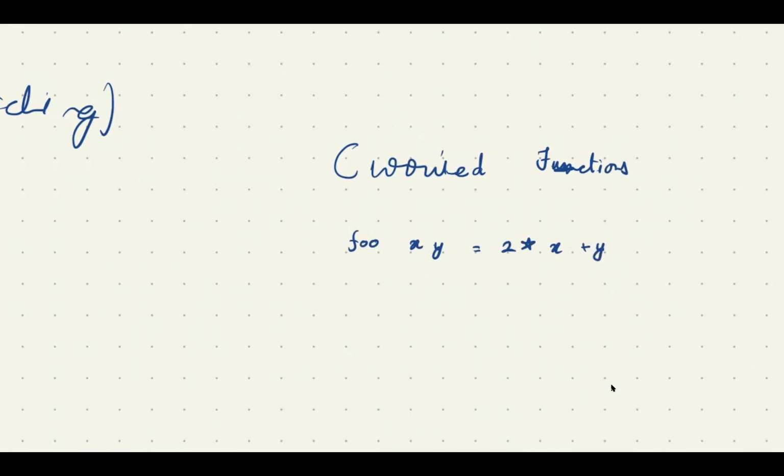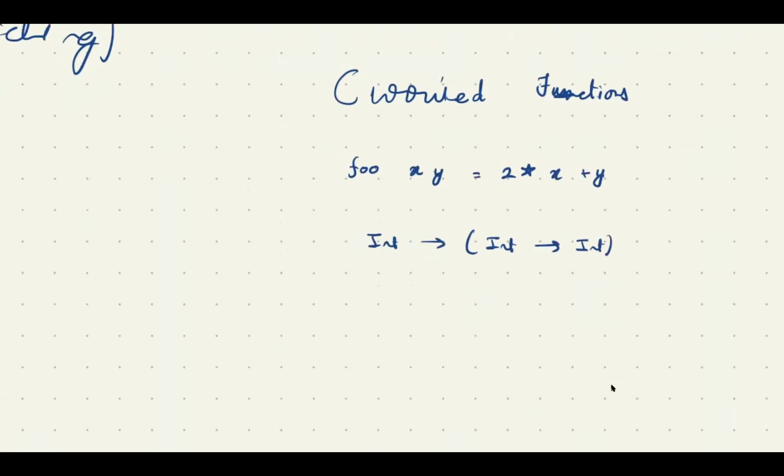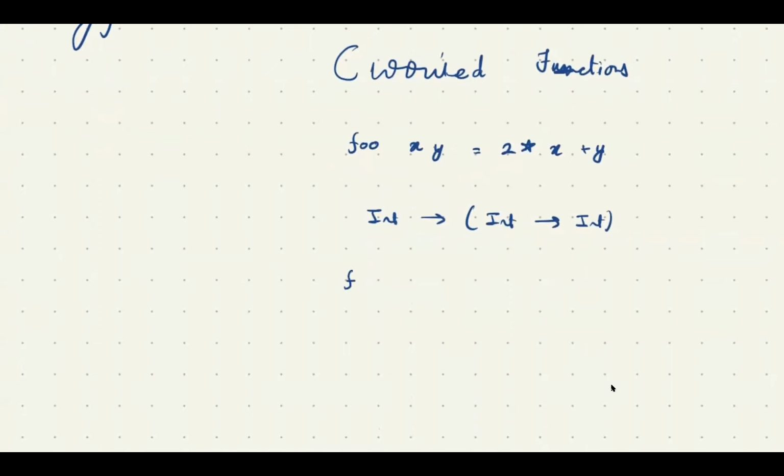How I view this is, I give the function the type int arrow int arrow int. Imagine I have foo of 6. If I have written it this way, it's a function of just one argument.